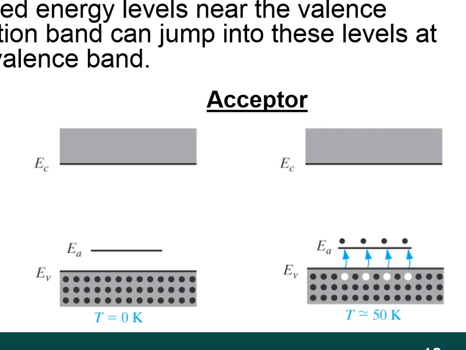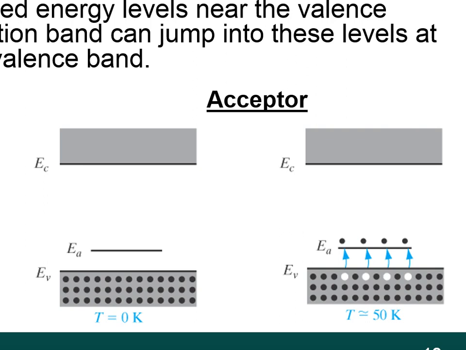At even low temperatures of 50 K, again, at 0 K the conductivity of a p-type semiconductor should be no different than an intrinsic. But even at small temperatures, that's enough for the electrons to gain the energy to go into the acceptor level. Okay, and that leaves behind empty states. That leaves behind holes in the valence band. These white circles are called holes.